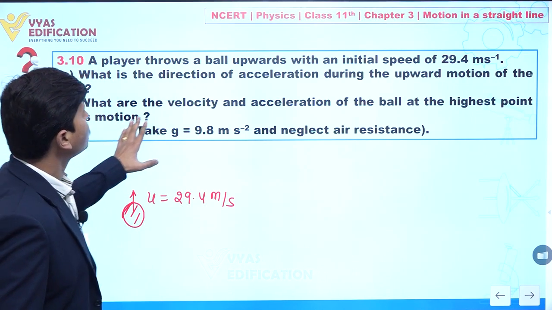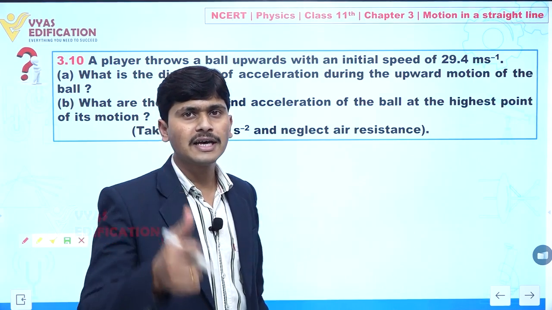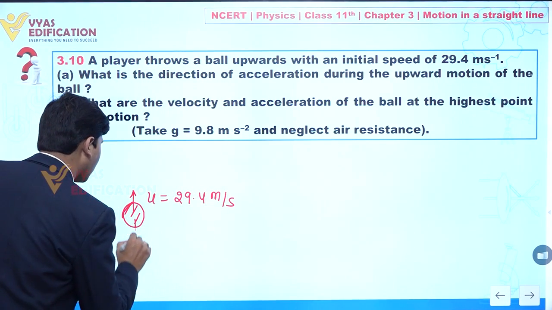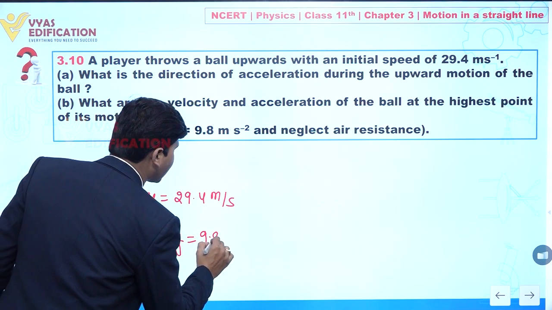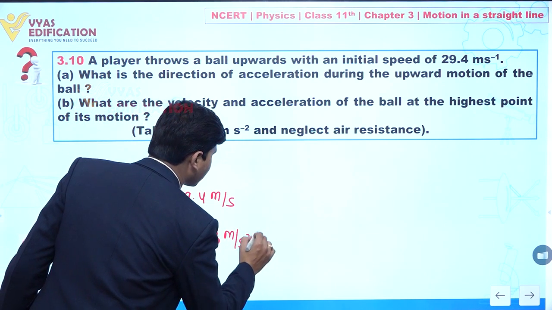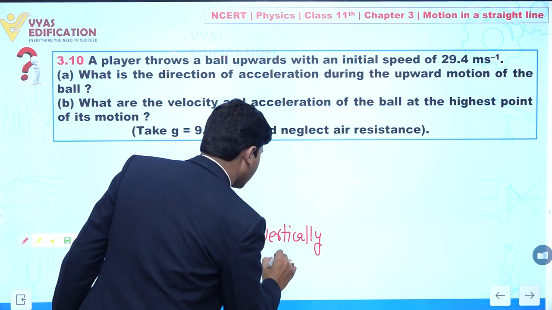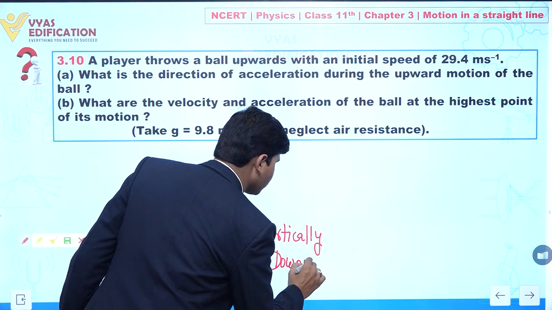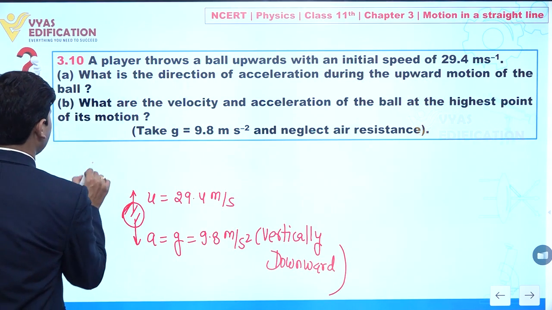Whenever we throw a ball in a vertical upward direction, acceleration due to gravity always acts in a vertical downward direction, with magnitude 9.8 meter per second square, and direction vertically downward, clear. So this is the answer of part A.